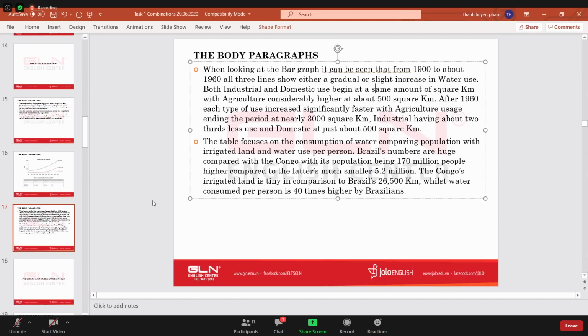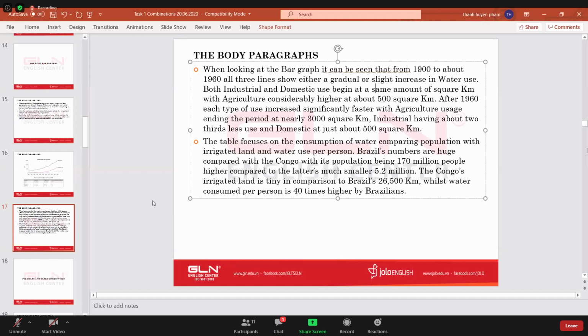I have used two pieces of data, 3,000 square kilometres and 500 square kilometres. But for industrial use, I have analysed by doing a comparison. I haven't used the numbers from the graph. I have said it's 2/3 less use. And that is an example of analysing.